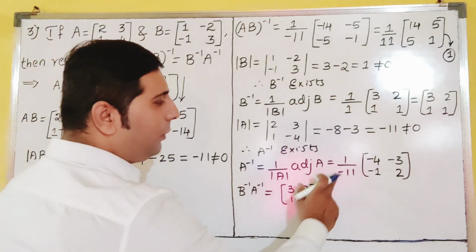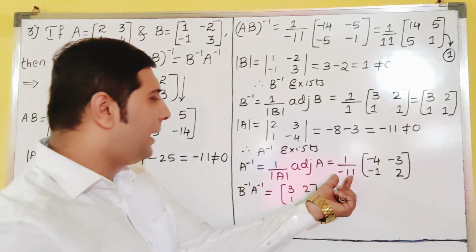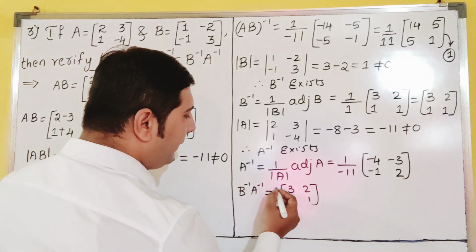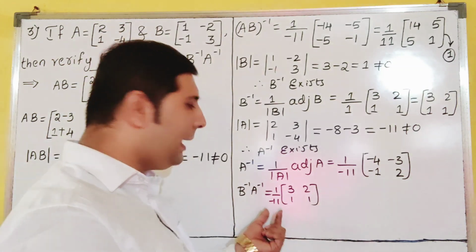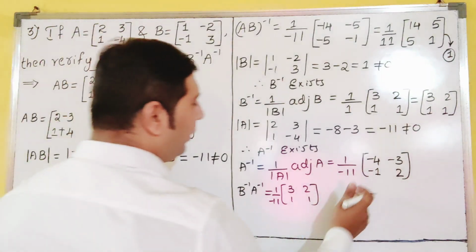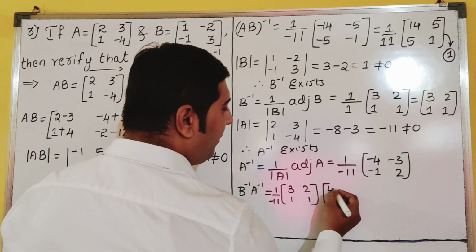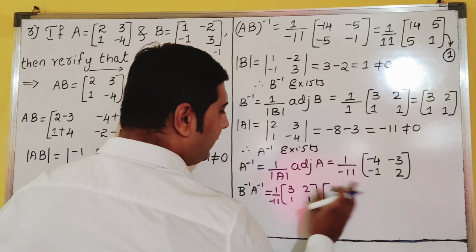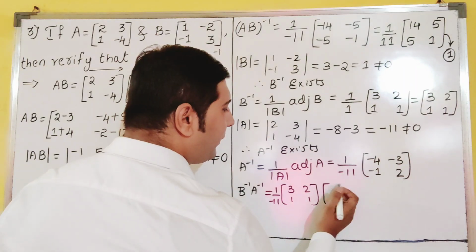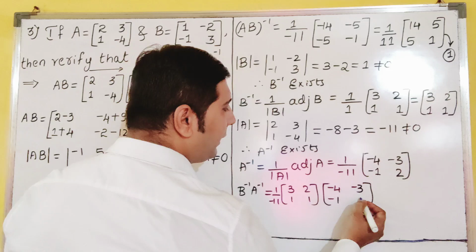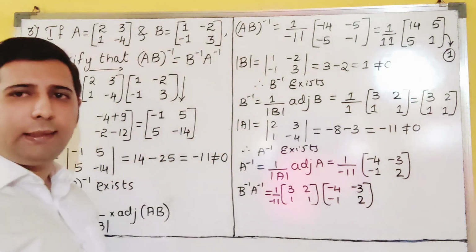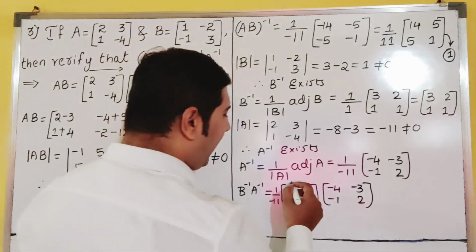A inverse is 1 by minus 11, which I can write in front, into [-4 -3; -1 2]. We got this. So now you know how to multiply matrices, row into column.